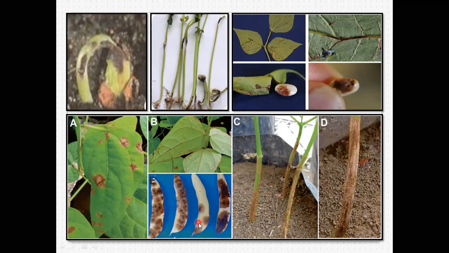Initially small round to irregular spots, brown or somewhat black in color, are seen on the leaves and petioles. These roundish brown spots increase in size, and finally a number of spots coalesce to form large necrotic areas on the infected leaf.